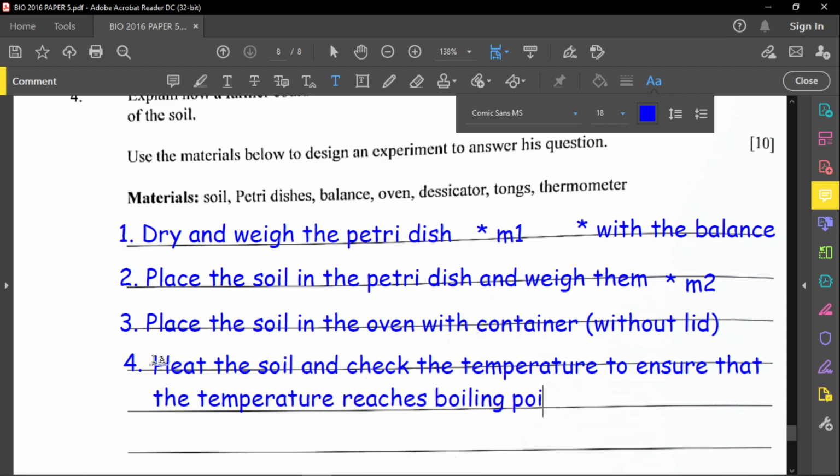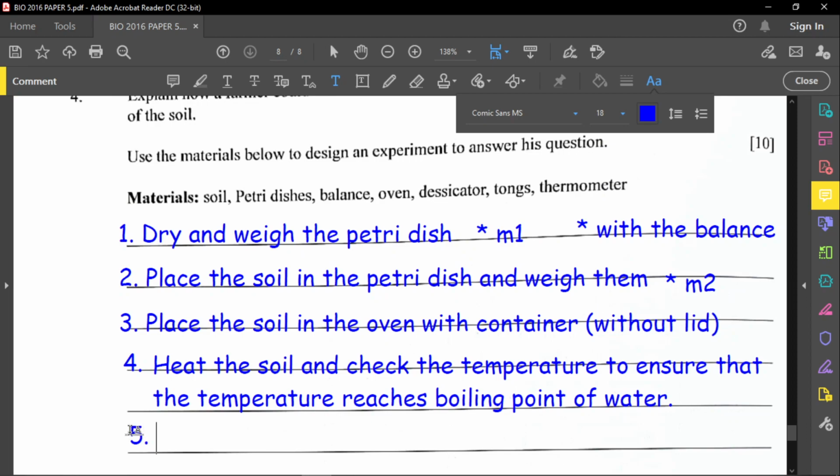The boiling point of water is at least 100 degrees Celsius. Go above 100 degrees Celsius to ensure that all the water will be evaporated. That's why the thermometer is important, so you check the temperature with the thermometer, and include that in the statement as well.